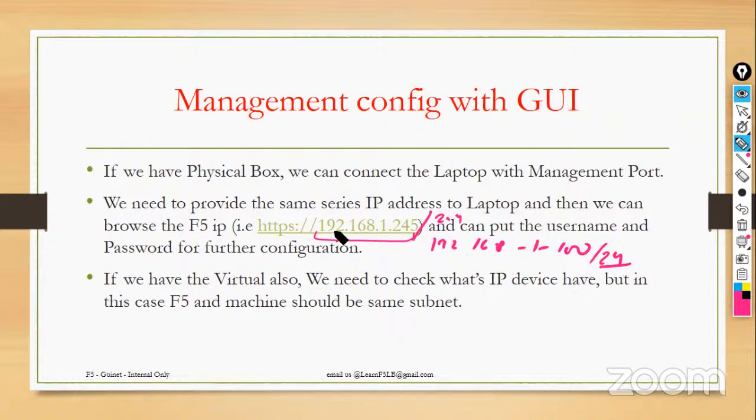Then we can open a browser, Chrome or whatever browser, and type https://192.168.1.245. So you will be able to access your F5 with the GUI. Then you put in the username and password. Then you can change your IP. For that, you go to the System, Platform settings, and here you will see the management IP.